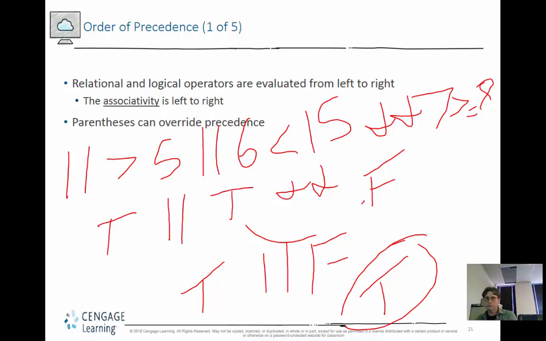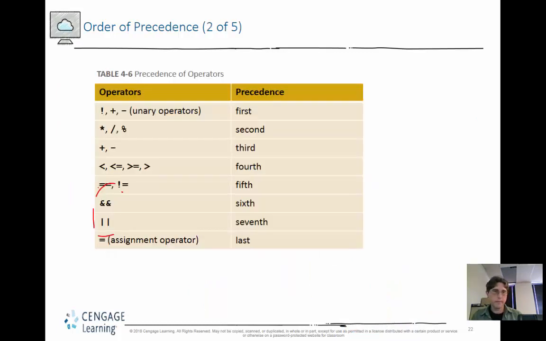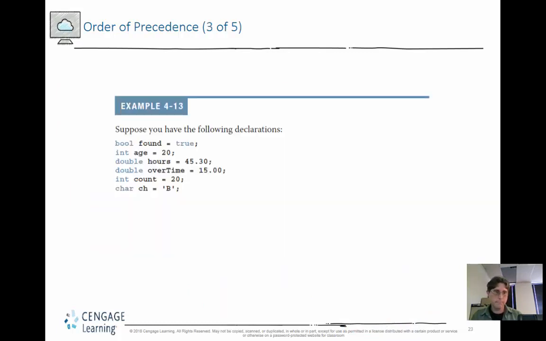All right, so let's see here. Here's some more examples. Let's look at these. Suppose we have these declarations. We've got some variables here, and these examples start over there on page 202. Found is a Boolean variable, and its value is set to true initially.